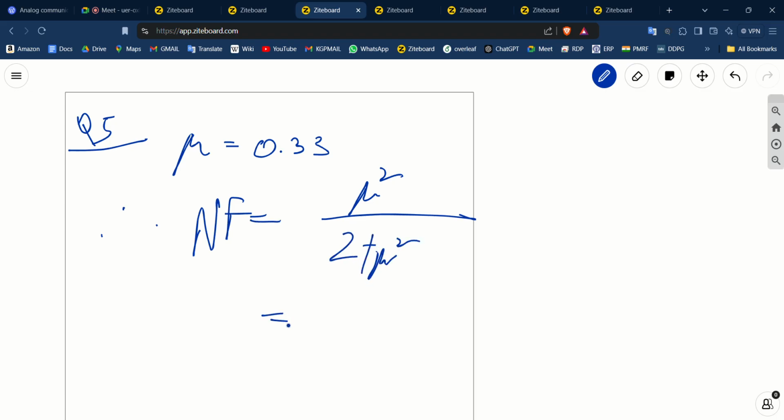So, 0.33 square divided by 2 plus 0.33 square, which gives 0.05.